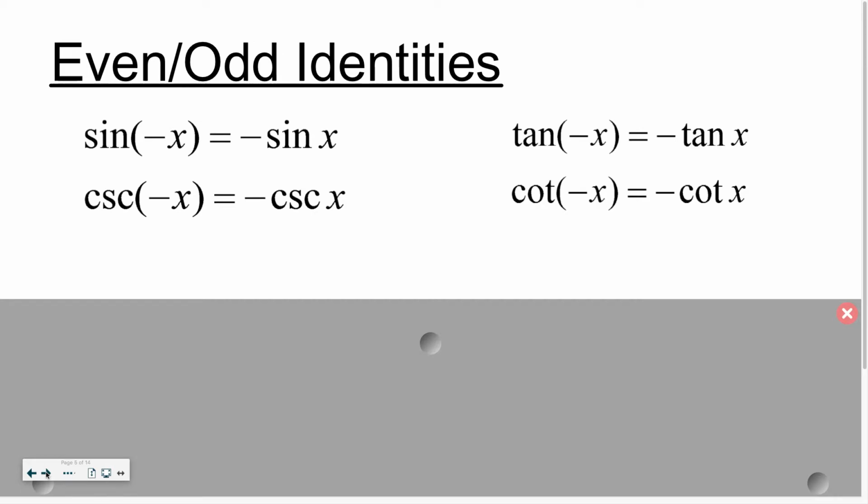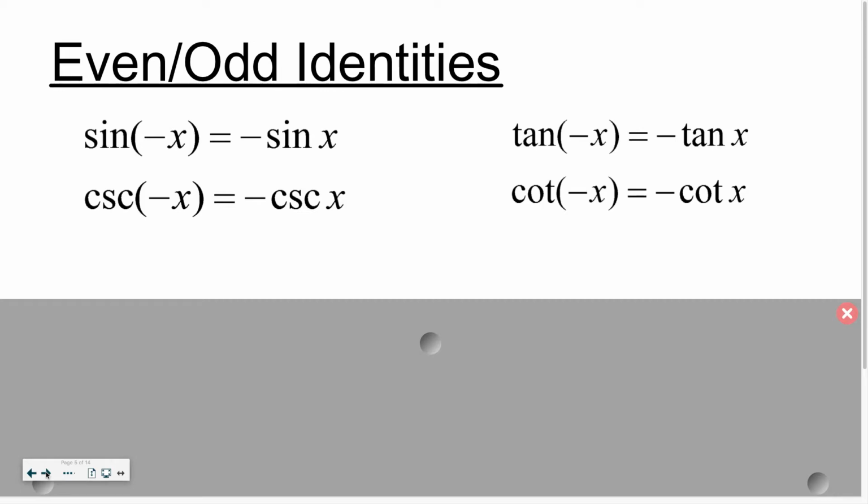So you can kind of think about it like bringing your negative outside. And it's true for sine, cosecant, tangent, and cotangent. They all work the same way. If you have a negative angle inside, you can sort of bring out the negative. It's really just the negative trig ratio with a positive angle.